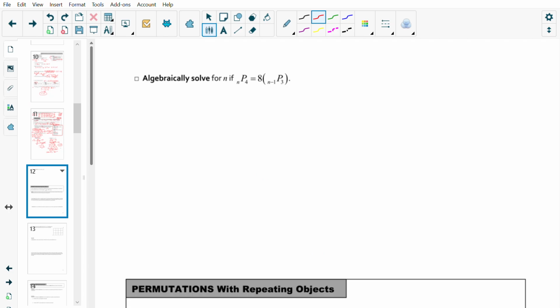All right, one of these types, algebraically solving problems. So algebraically solve for n if the permutation of n things taken 4 at a time equals 8 times the permutation of n minus 1 things taken 3 at a time.